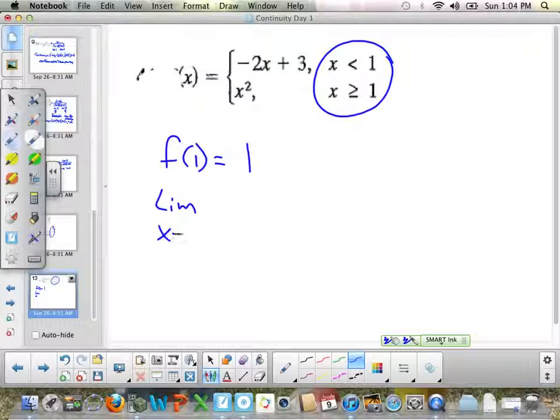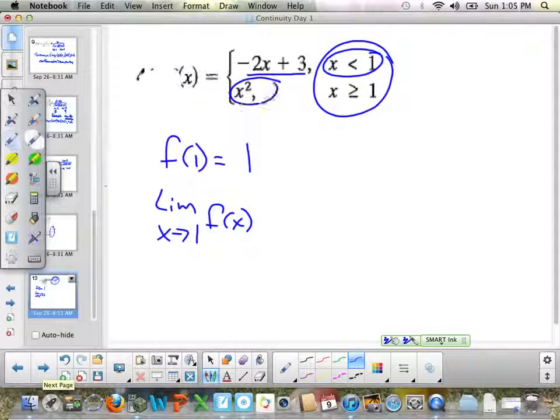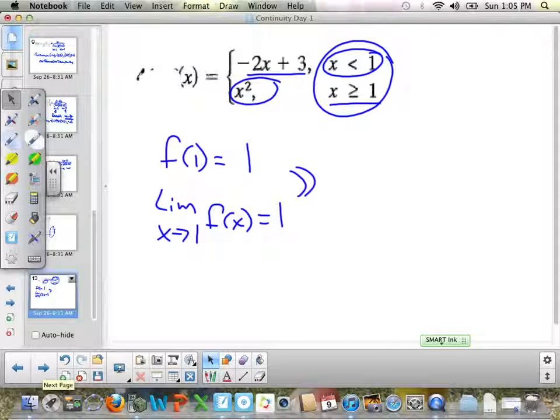If I take the limit as x approaches 1 of f of x, well, from the left, this would be the left numbers because they're lower than 1. If I stick 1 into this function, I get negative 2 times 1 is negative 2 plus 3 is 1. And from the right, I get 1. So the function is defined as 1. The limit is 1. These agree, so therefore it's continuous at 1. So it's continuous at all points.